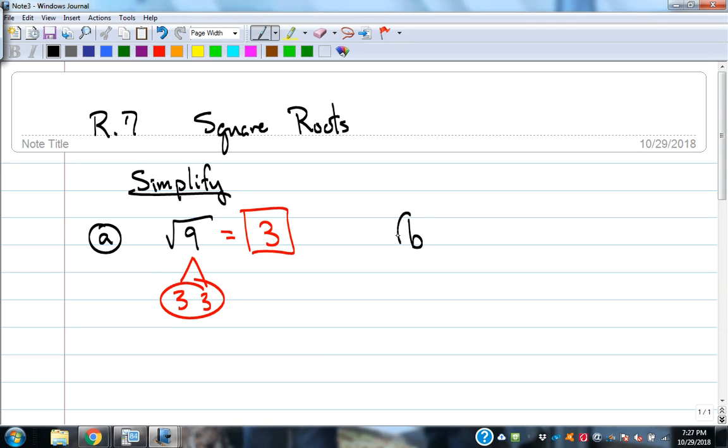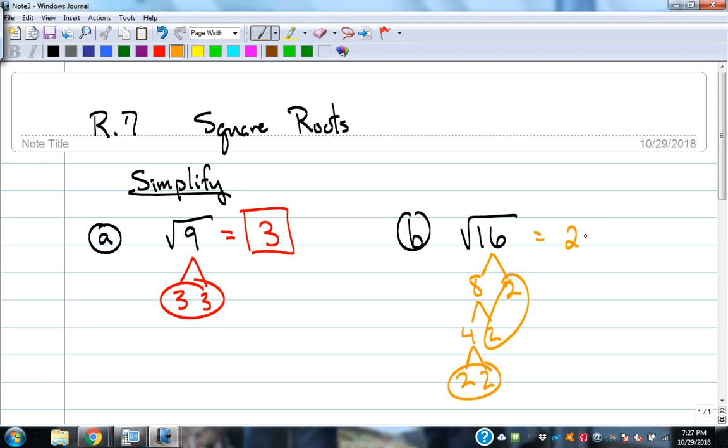If we talk about the square root of 16, what's the square root of 16? Everybody knows it's 4. But if we did the factor tree for 16, that's 8 times 2, 4 times 2, 2 times 2. There are 2 pairs of 2s.